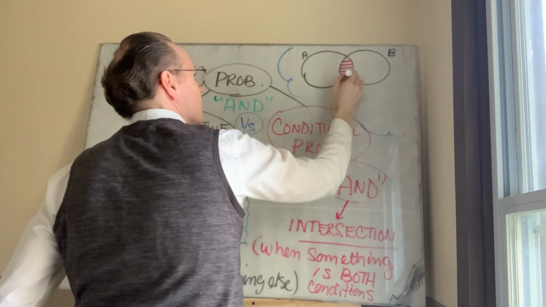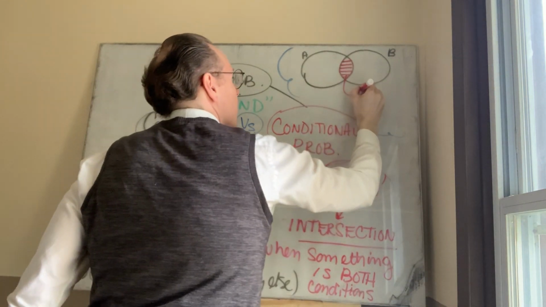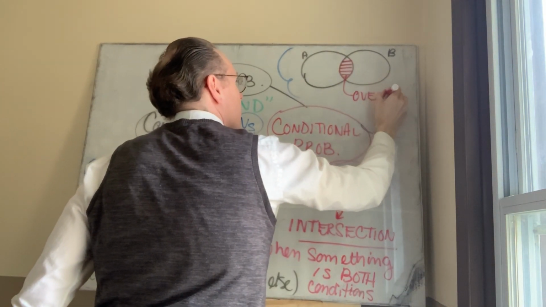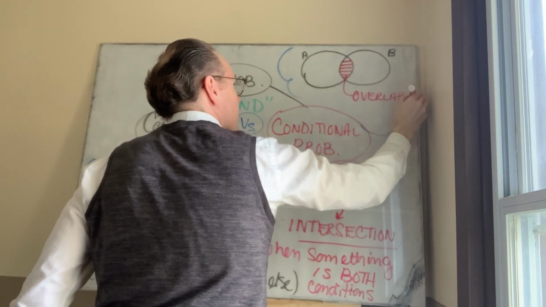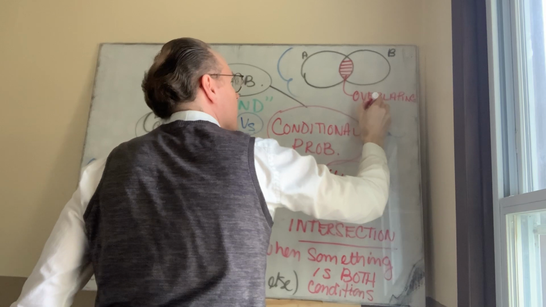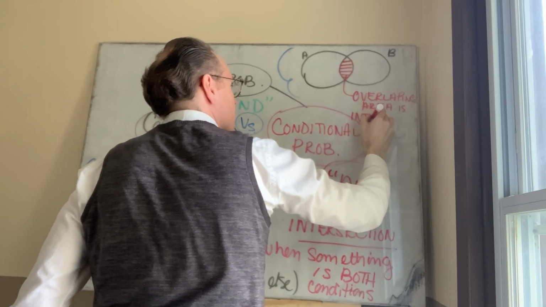So I'm just going to designate that with a little shading here. The overlap. All right. The overlapping area is the intersection.